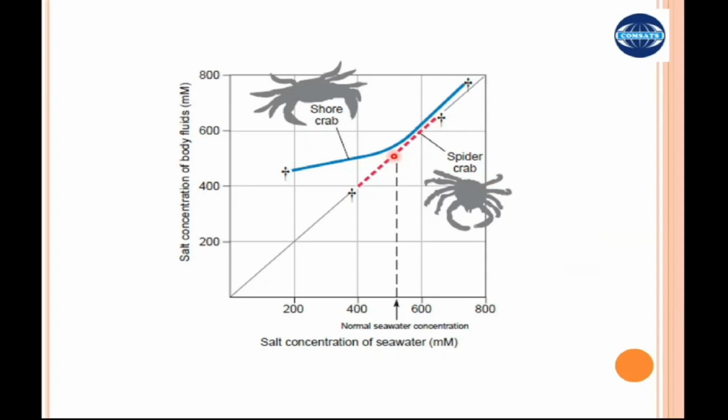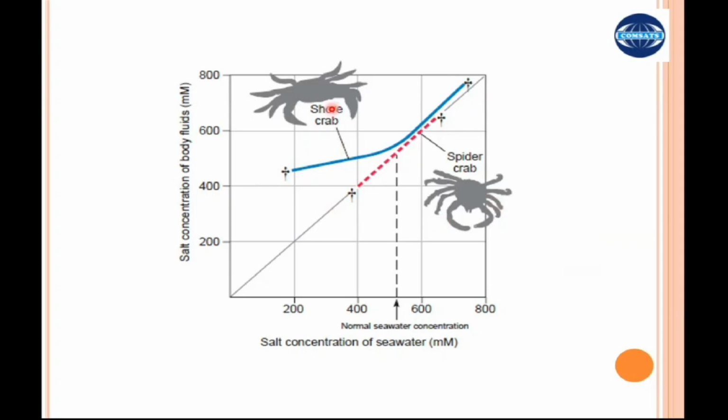It has the ability to tolerate this range, and these 2 points tell us that this crab can maintain its life between 400 millimolar and about 650 millimolar concentrations. As the salt concentration in the external water exceeds 650 millimolar or falls below 400 millimolar, this crab will die, right?